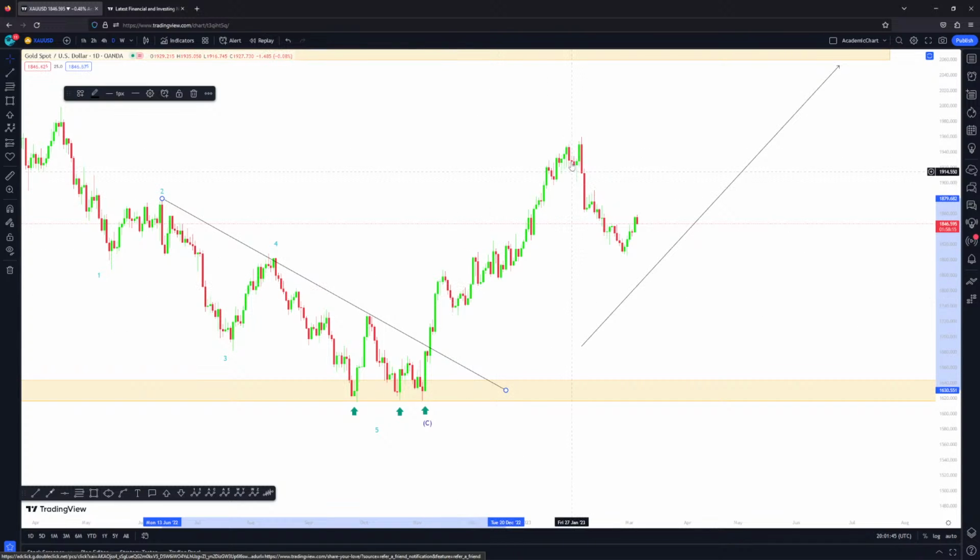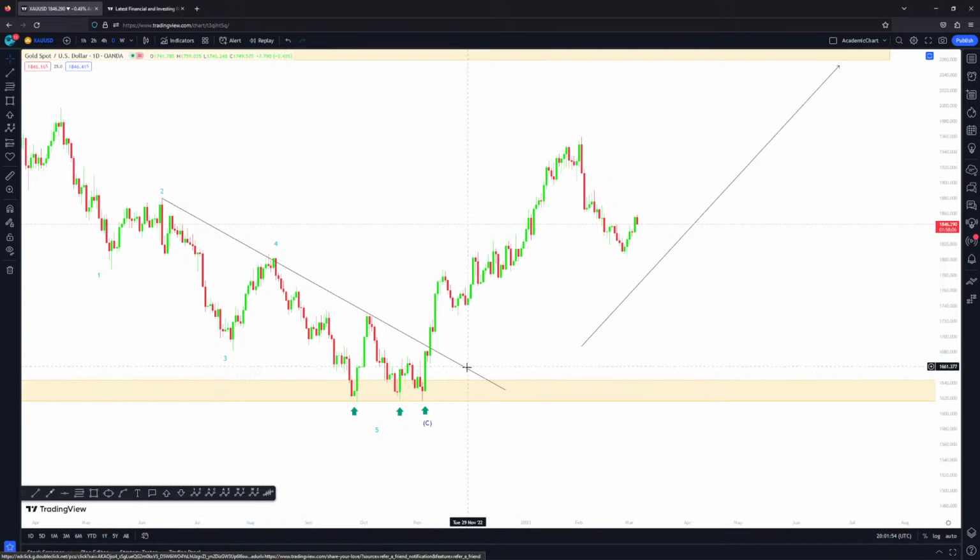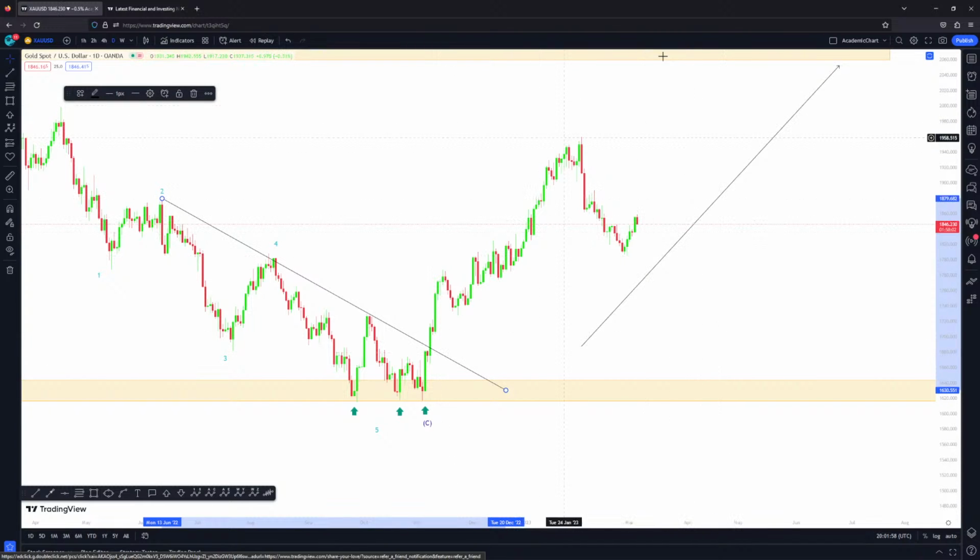As you can see, this was the third wave here, for example. It's much stronger. We don't know if it is a third, because if it is X, it can be ABC.